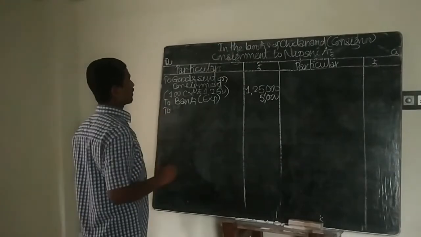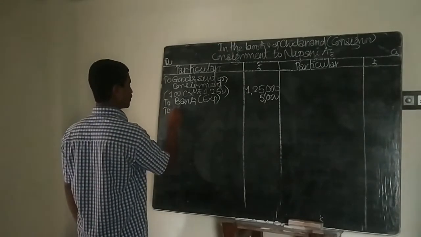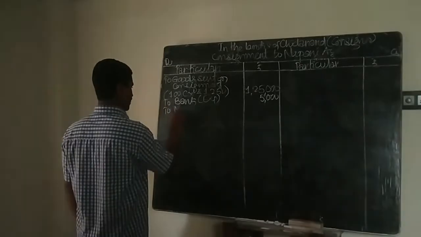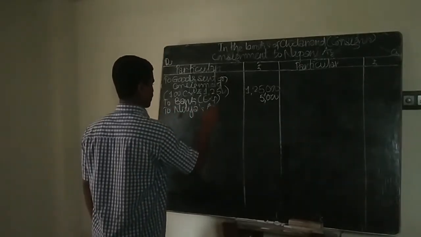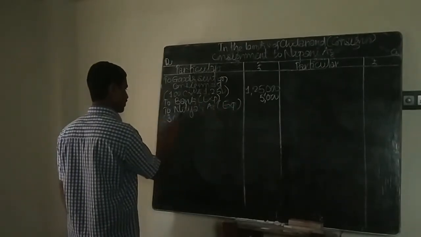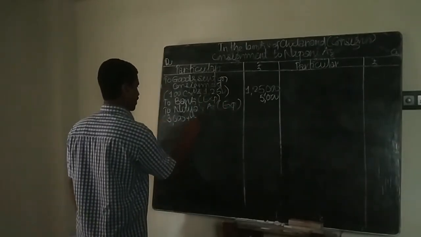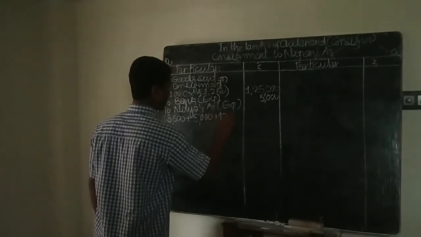When the expenses are paid by the consignee, the entry will be consignment account to Nitya's account. In the bracket you write expenses. So 3,600 paid as unloading charges plus 5,000 as godown rent plus 12,000 as selling expenses.